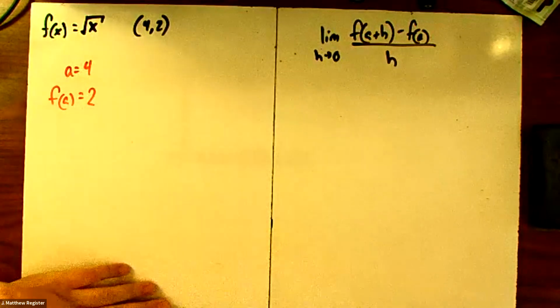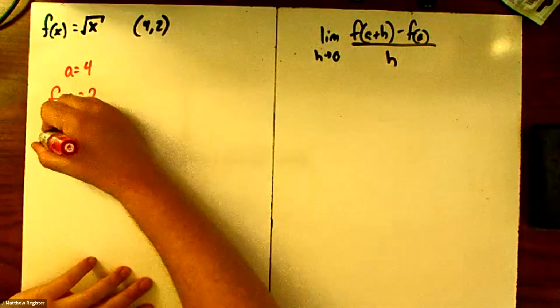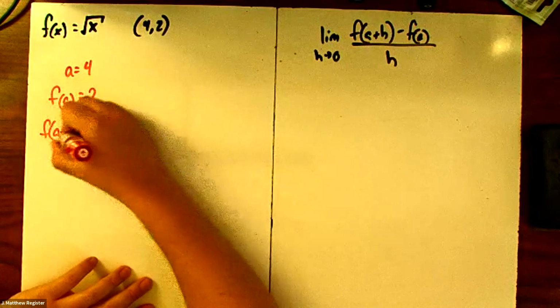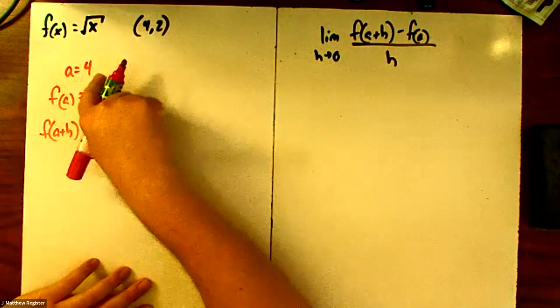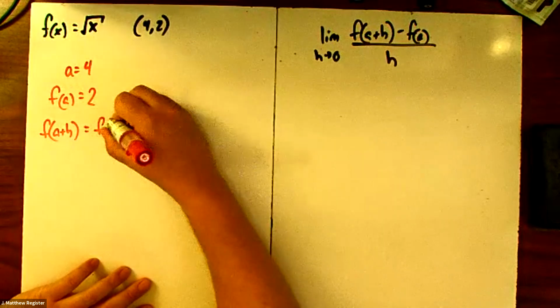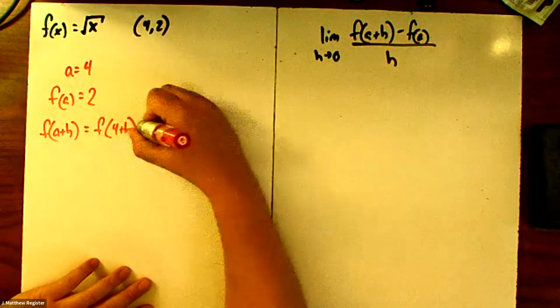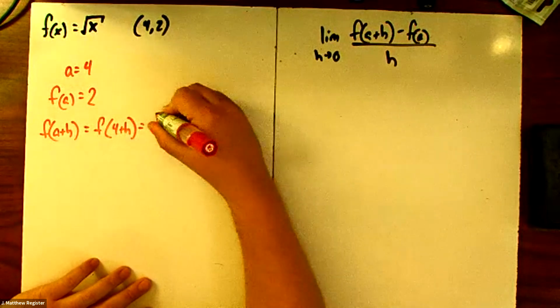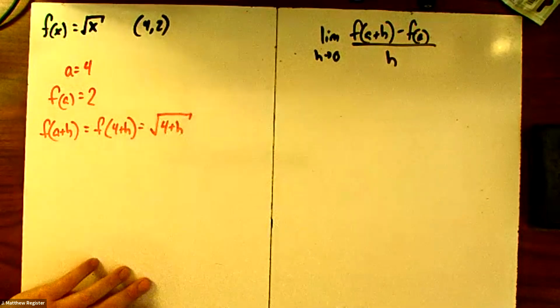F of a plus h is going to be the messy one, because f of a plus h, well, we know that a is 4, and so that means we're going to be plugging in 4 plus h, which gives us the square root of 4 plus h.